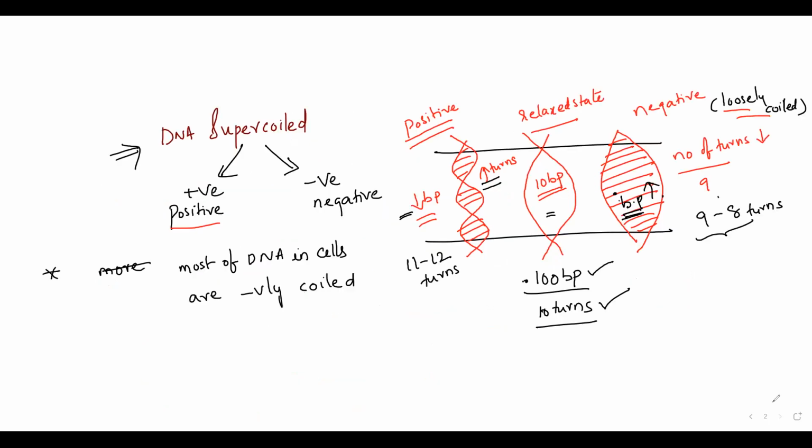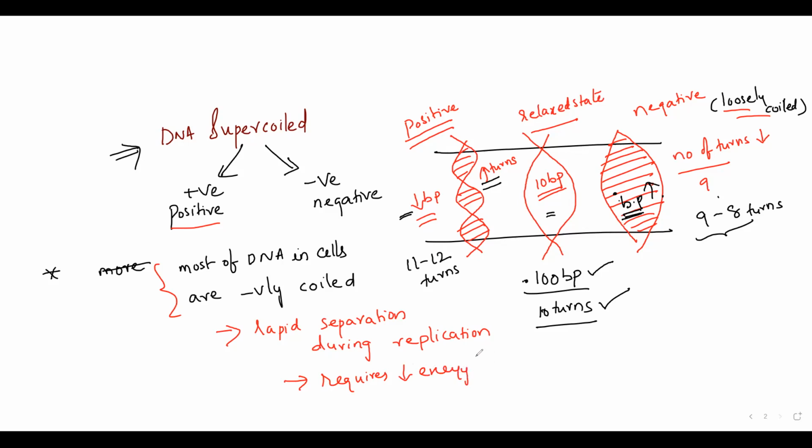So for this concept, we are coming to discover that most of the DNA in the cells is negatively coiled, because in order to have a rapid separation, very quick unfolding or separation during the replication process, and secondly, it even requires very little energy to unfold the negatively coiled DNA.